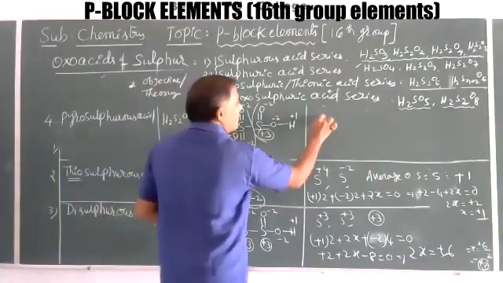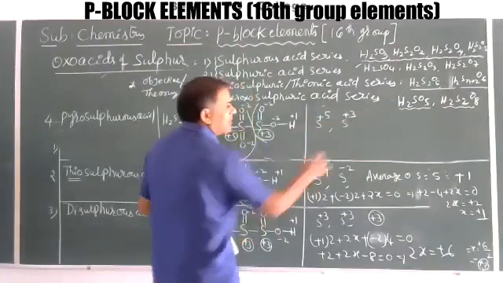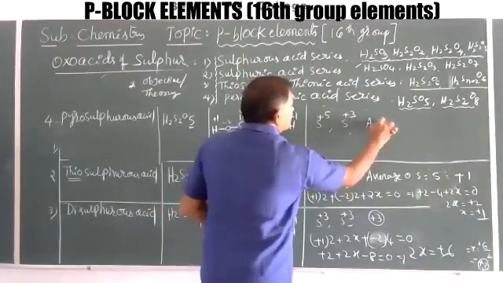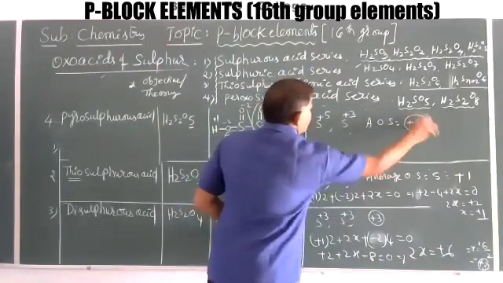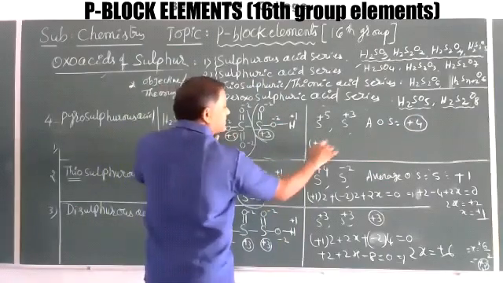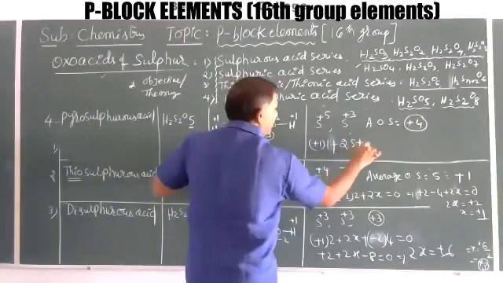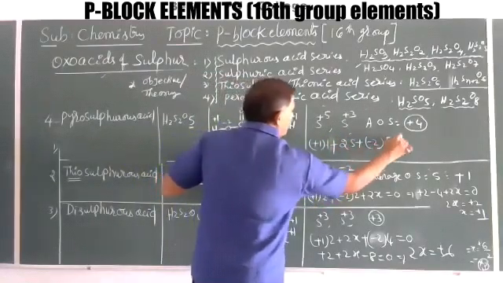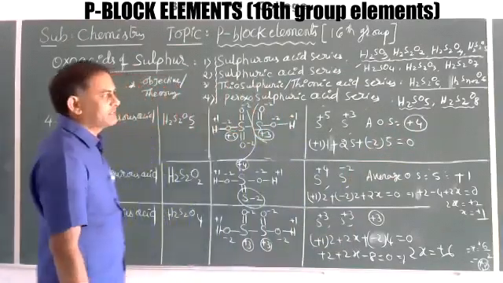So one sulfur is plus 5 oxidation state, another sulfur is plus 3. Now its average oxidation state is plus 4. We can calculate like 2 hydrogen atoms plus 2 sulfur atoms plus minus 2 into 5 oxygen atoms. We can take average plus 4 oxidation state.